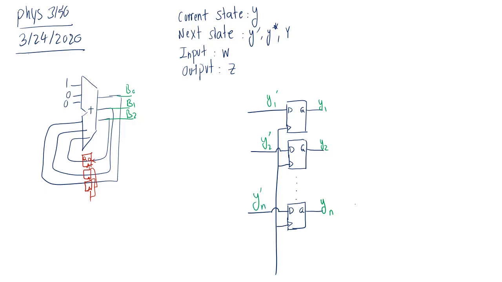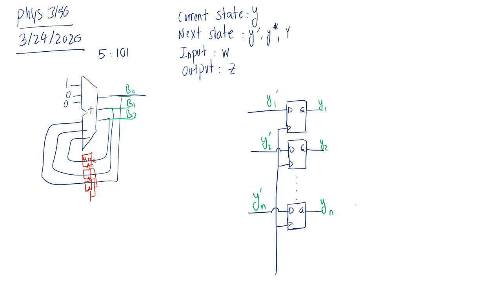Now I could have some output. For example, in the counter case, let's say I want to count, and what I'm really interested in is getting an output of 1 whenever I have reached the number 5, which is 101.